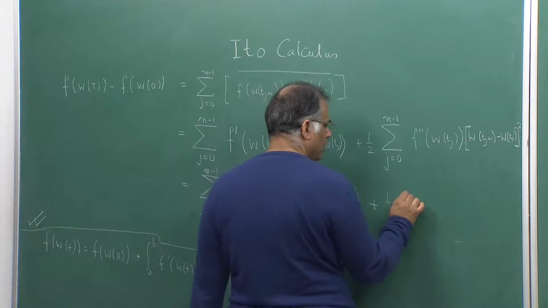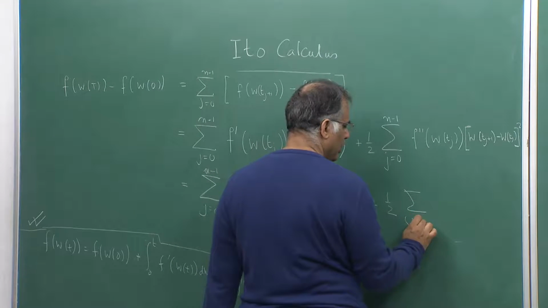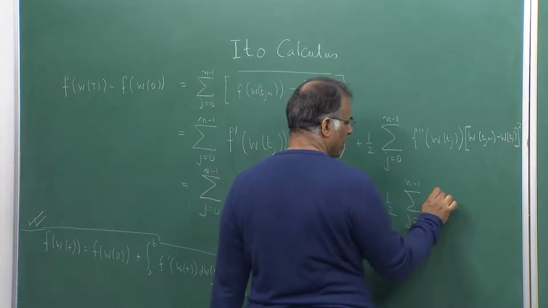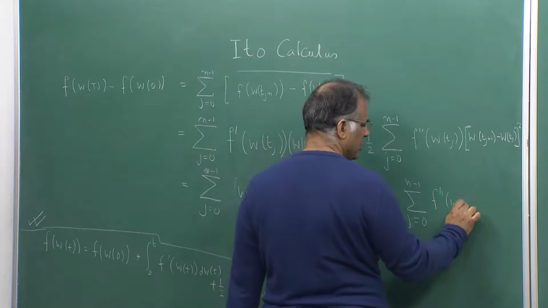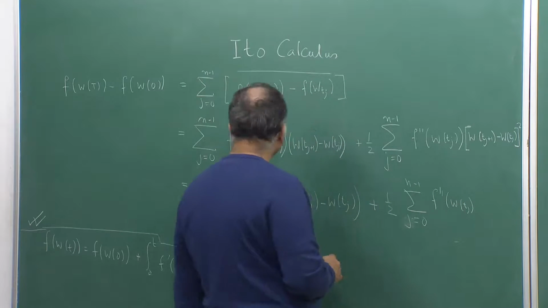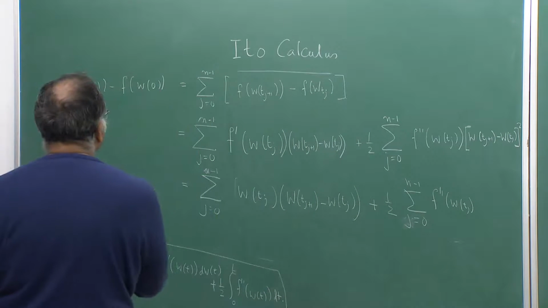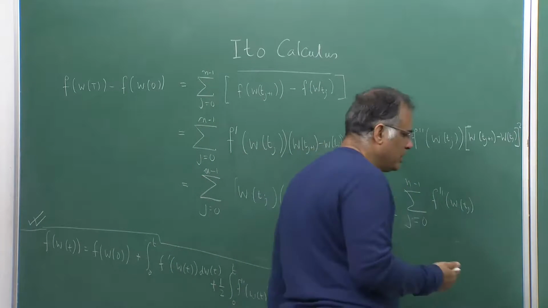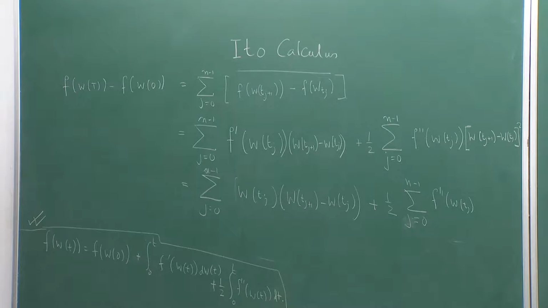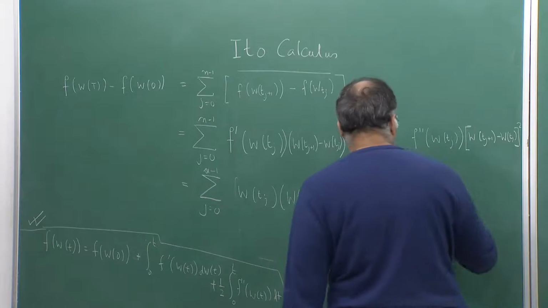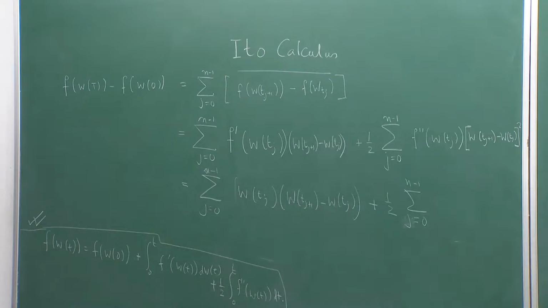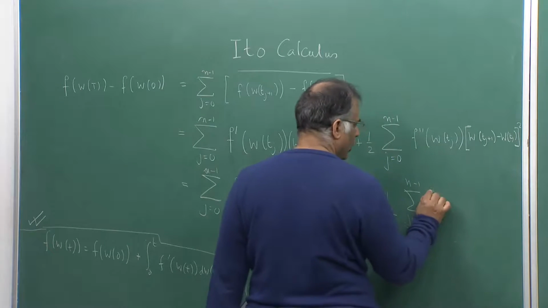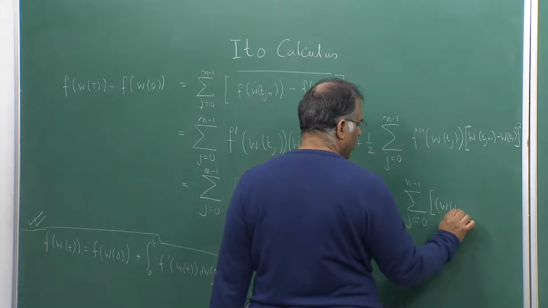So, it is half of the summation j equal to 0 to n minus 1 of f''(W(t_j)), because that is the expression of the value of the second derivative. It is 1, so 1 into W, you can immediately realize what has happened.